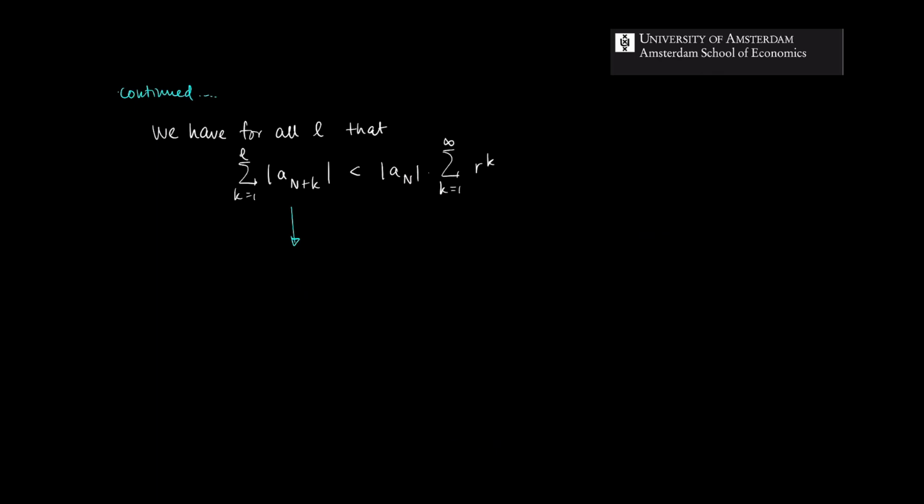But now on the left hand side, we keep adding up absolute values of the sequence an. So this sum on the left hand side is monotonically increasing in L, and it's bounded from above by the sum on the right hand side.